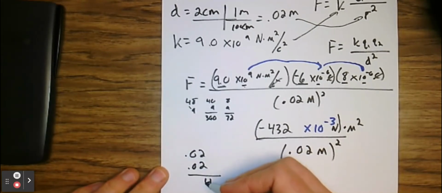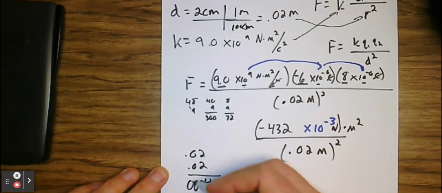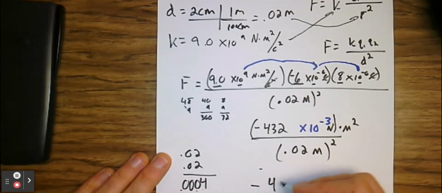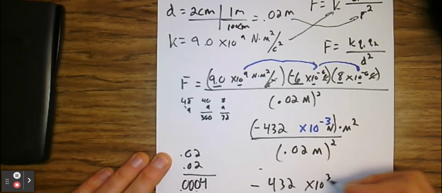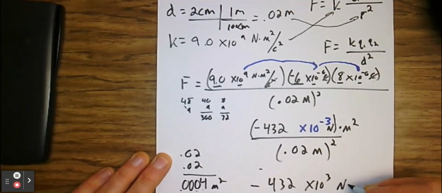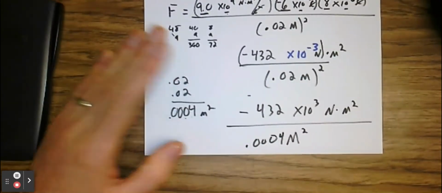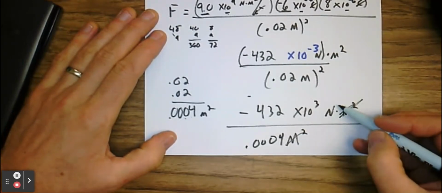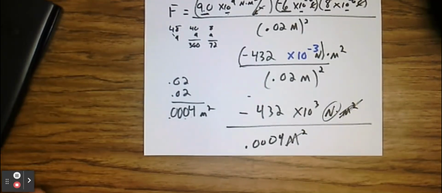So my answer is negative 432 times 10 to the third, newtons times meters squared, all over 4 times 10 to the negative 4th meters squared. Now the meters are going to cancel, and I'm left with newtons in my units.